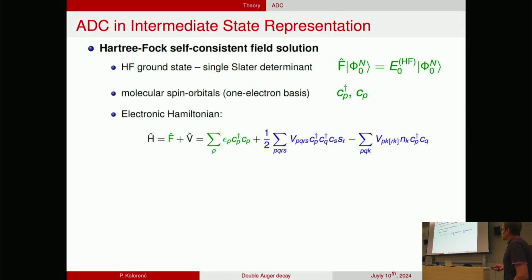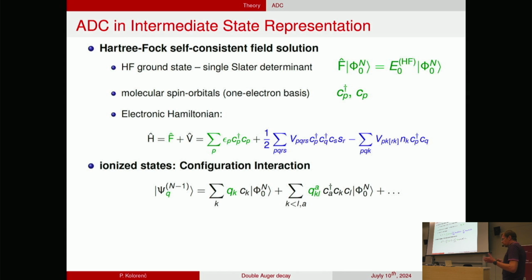And for this, we use ADC in so-called intermediate state representation, which is a blend of perturbation theory and configuration interaction like expansion. In configuration interaction, you would describe the ionic system, the ionic wave function, in terms of so-called configuration state functions derived from Hartree-Fock single determinant ground state.